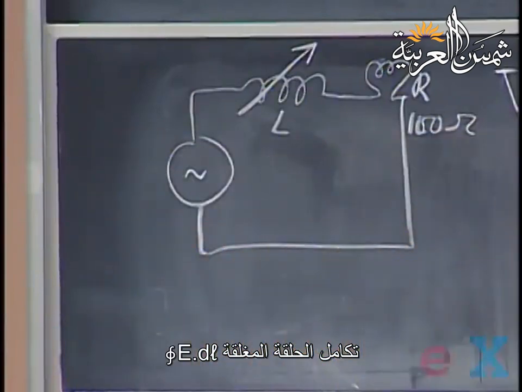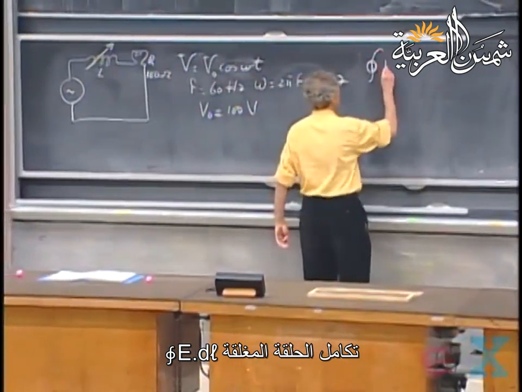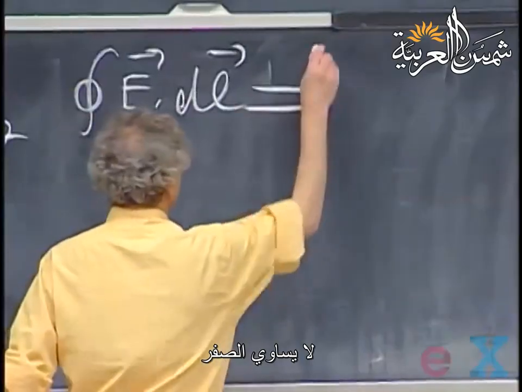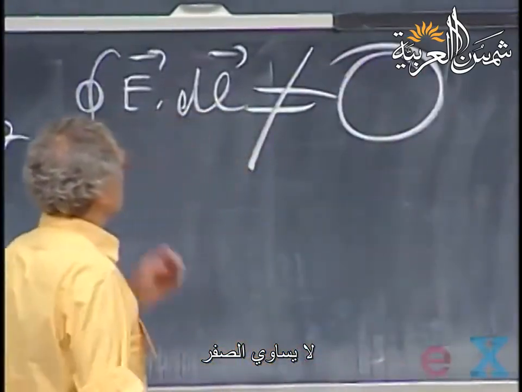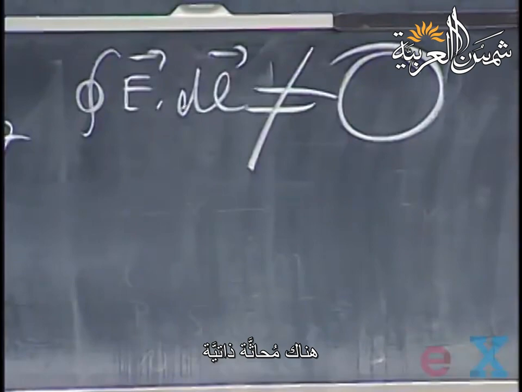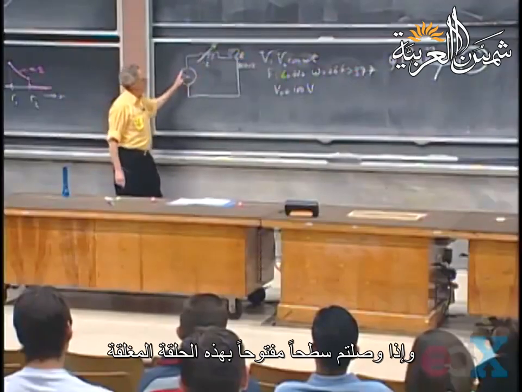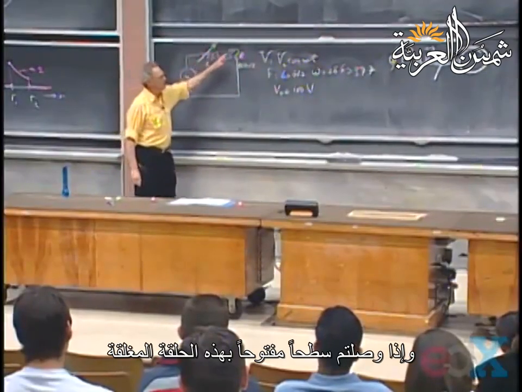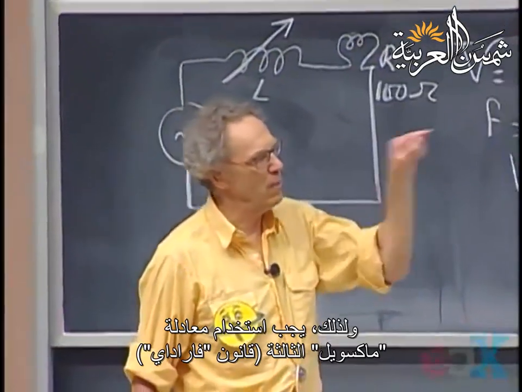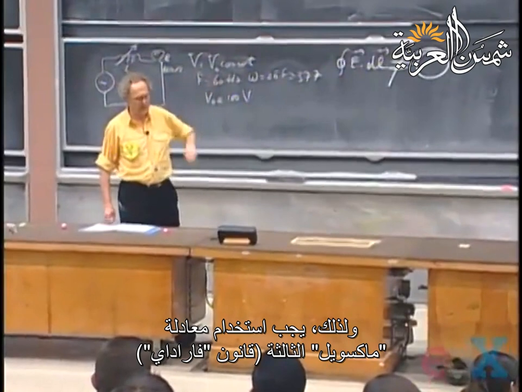The closed loop integral of E dot dl is not zero because Kirchhoff's loop rule does not apply here. There is a self-inductor. If you attach an open surface to this closed loop, there's a magnetic flux going through there, so you must deal with the third equation there.